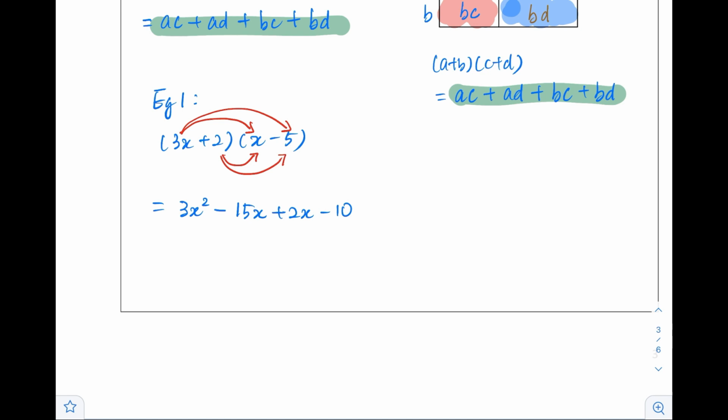Right, so here I would notice that I have like terms, negative 15x and 2x, which I can collect together to simplify. So negative 15x plus 2x will give me negative 13x. Then I have negative 10. Right? Because there are no other like terms, so I cannot simplify further. So this is my final answer.